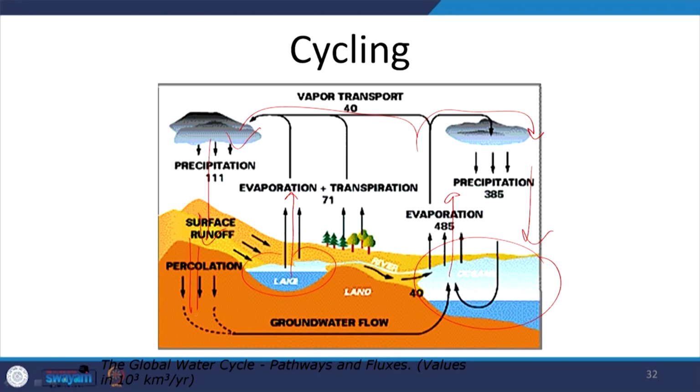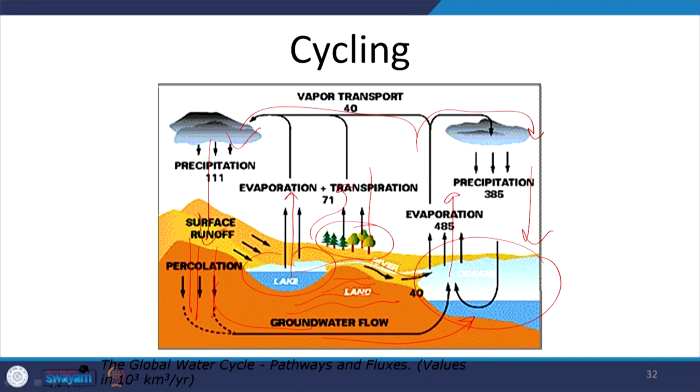Part of this water percolates down the earth. Part of it is also taken up by plants which further add to the evaporation through transpiration. This groundwater is available in terms of soil moisture. Part of it takes form of rivers and surface water bodies, and part of this groundwater goes back to the oceans. This is how largely cycling is happening.